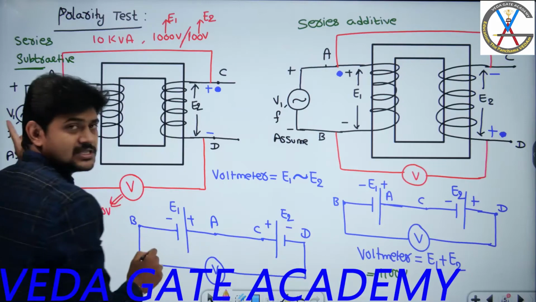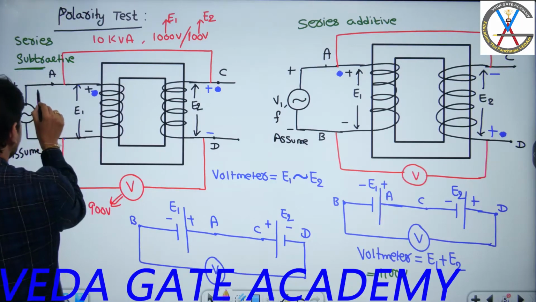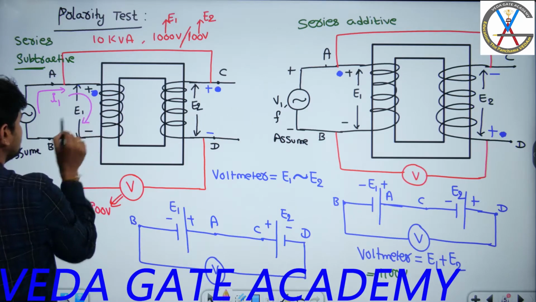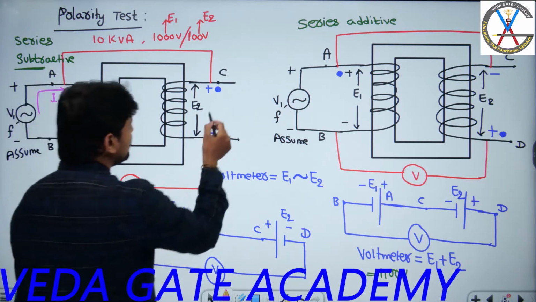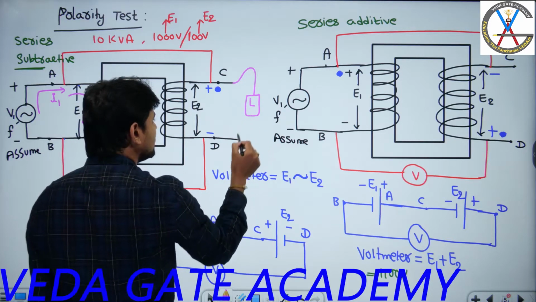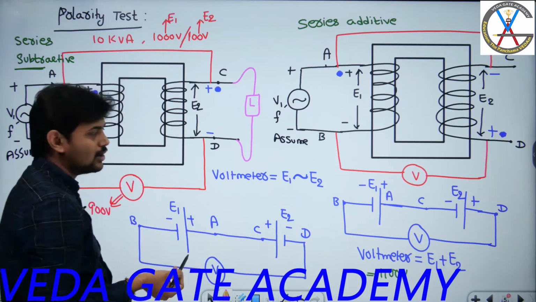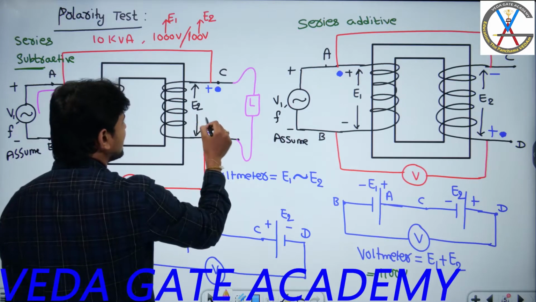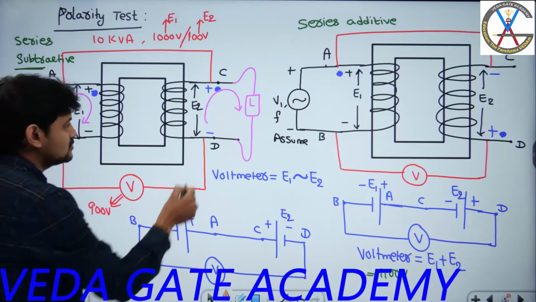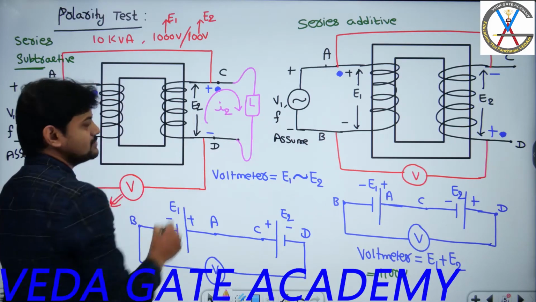From the source the current starts flowing in this direction. If I assume it is connected to a load, I am not connecting a load here, then since it acts as a source, the direction of the current will be in this fashion. So the direction of the secondary current will be in this fashion.